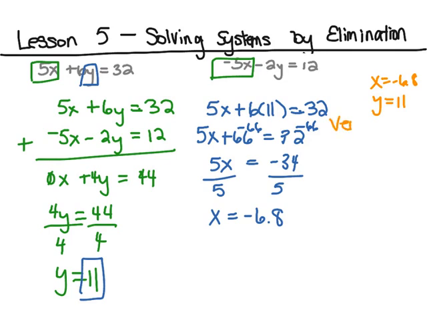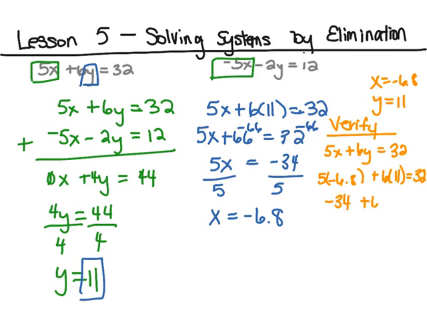Now we're going to verify. 5x plus 6y is equal to 32. 5 times negative 6.8 plus 6 times 11 is equal to 32. 5 times negative 6.8 is negative 34, plus 66 equals 32, and we already know that 32 is equal to 32. So the right and the left side work, satisfying that equation.